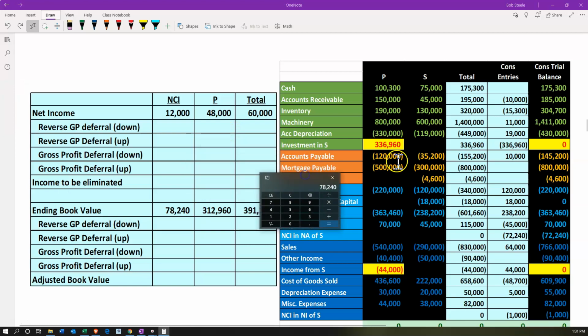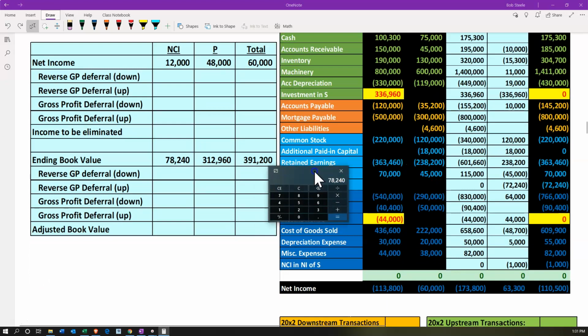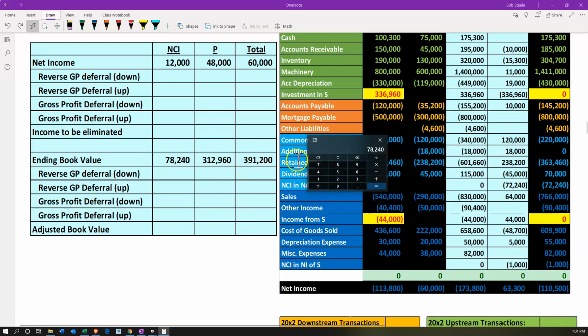Now also note, of course, I can take all the blue numbers and I would come up to the same 391,200, which of course, let's just do that real quick because it'll be fun. 120,000 plus 18,000 plus 438,200 minus the 45,000. And then all of these are combined in net income. So this minus this is that 60,000.